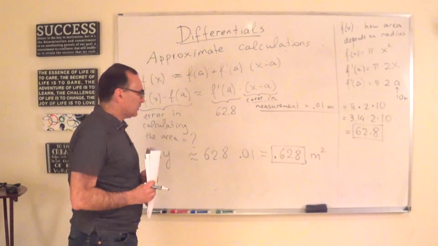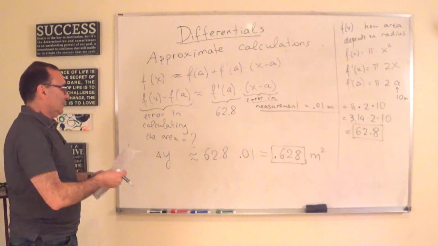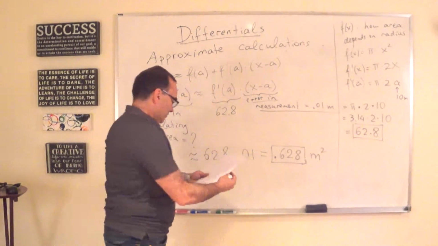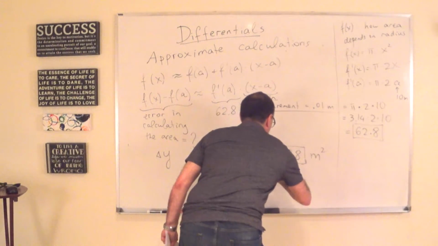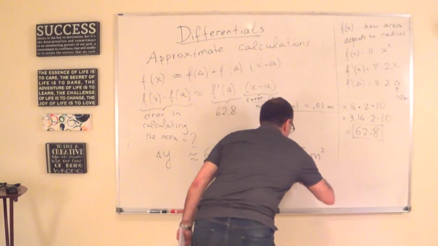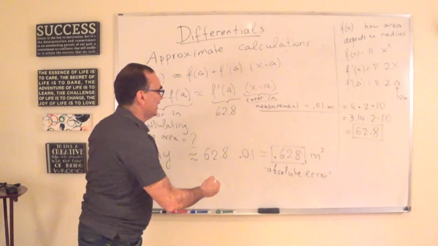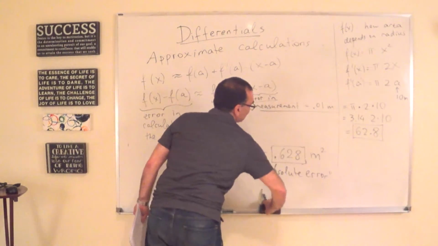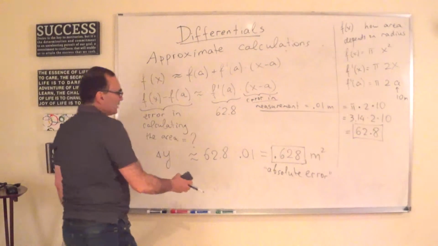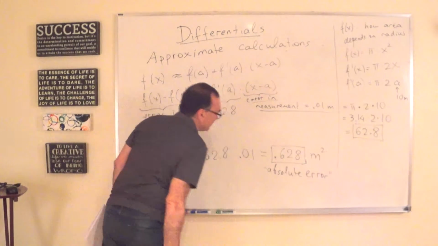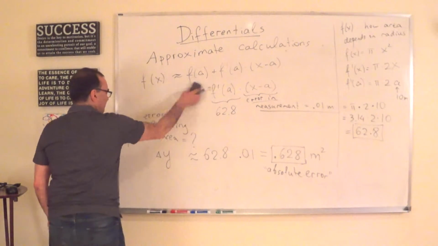Is it very big? Actually, no, it's not very big. Let us calculate the relative error. So this is called absolute error, and this absolute error, again, is almost a full square meter. If you think of it, it's a huge error. But in practice, we often calculate relative errors instead of absolute error. So let's do that.